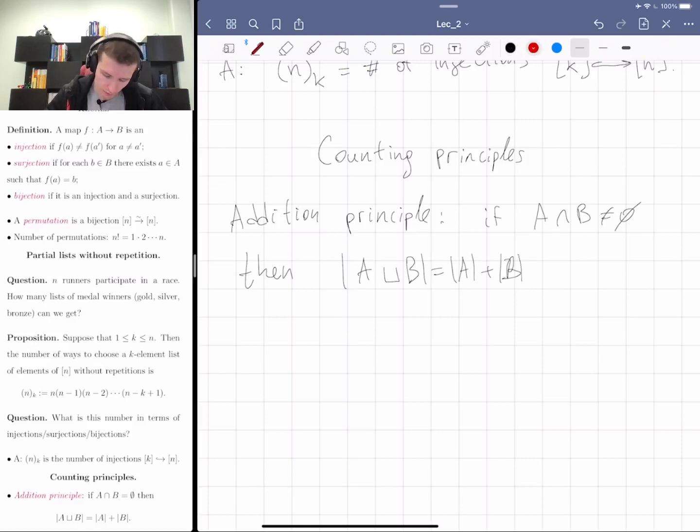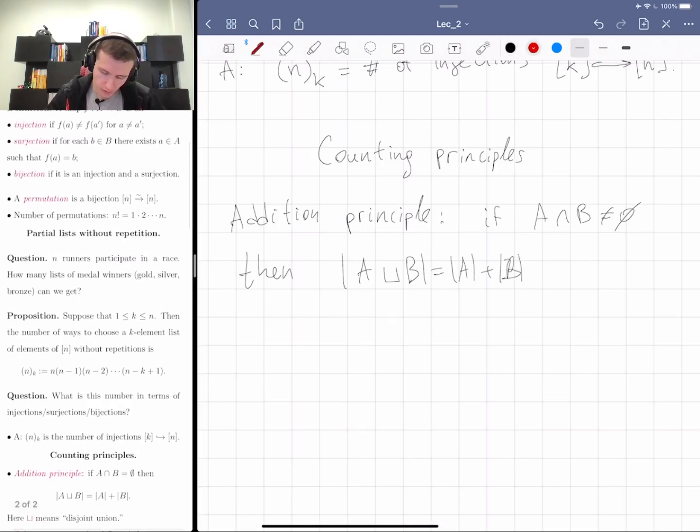You see I'm using not the curly cup, but a square cup. I'm going to use that when I want to emphasize that it's a disjoint union. Sorry, yes, thank you, A cap B should be empty.